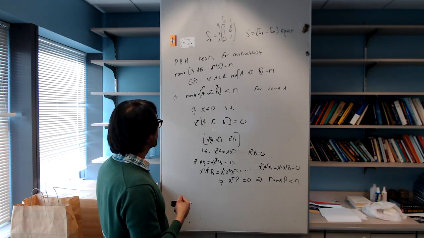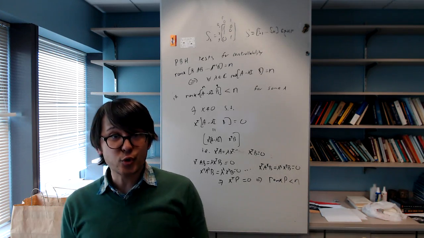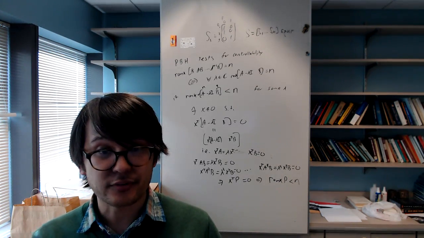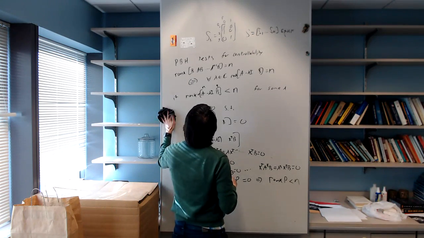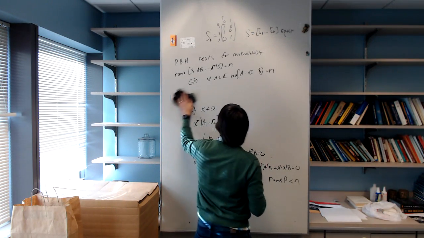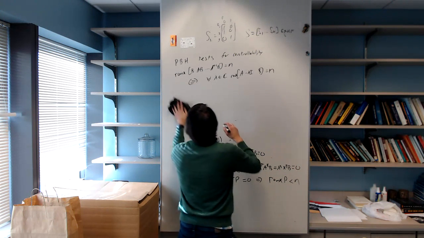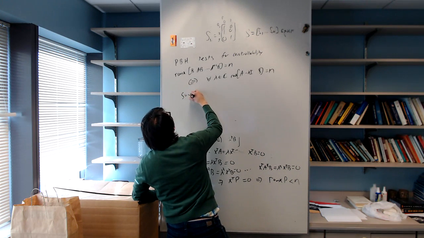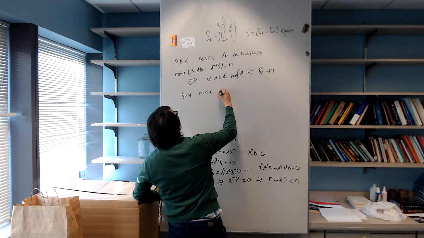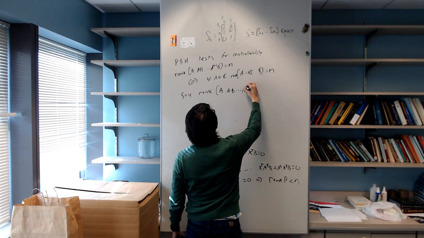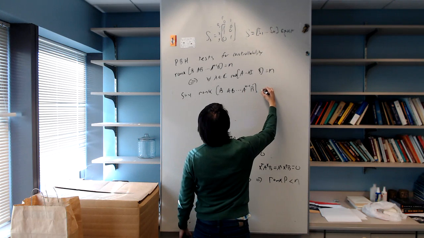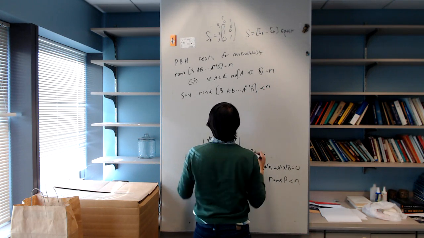Now the other way is going to be a little bit different, but we're going to use that little bit of trickery that we saw from last time. We're going to use that decomposition that we saw. Now I'll say the rank of [B, AB, ..., A^(n-1)B] is less than n.